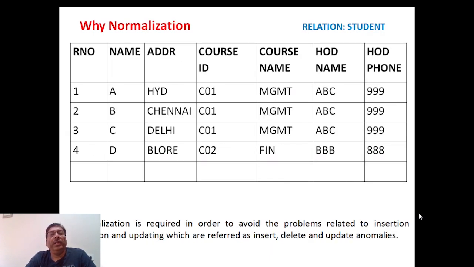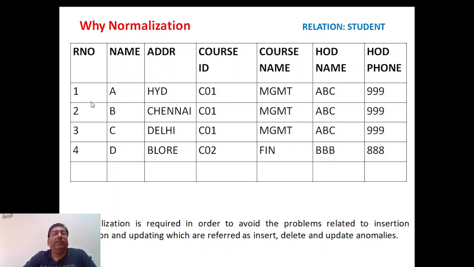If you go by an example, we'll easily understand why normalization is required. I have taken a relation called student, wherein you have the roll number of the student, name of the student, address of the student, followed by the course ID, the course name, HOD name and the HOD phone number.